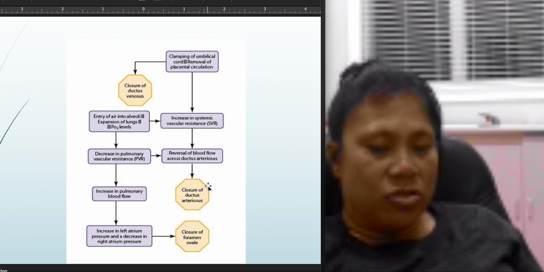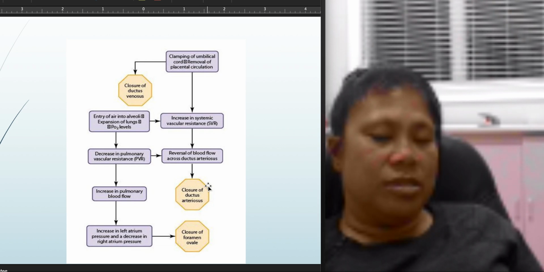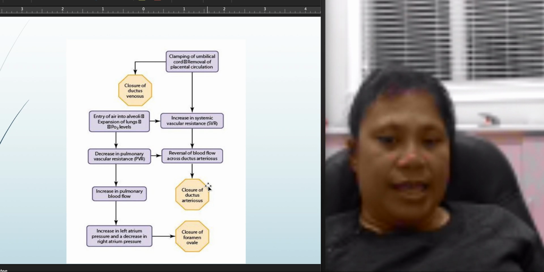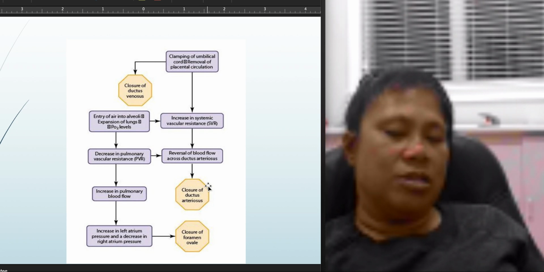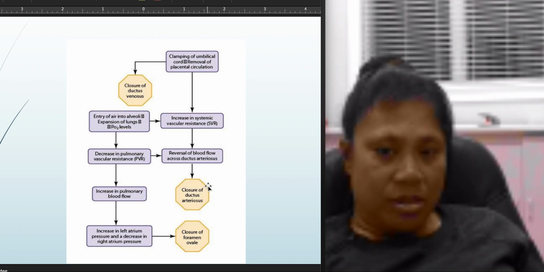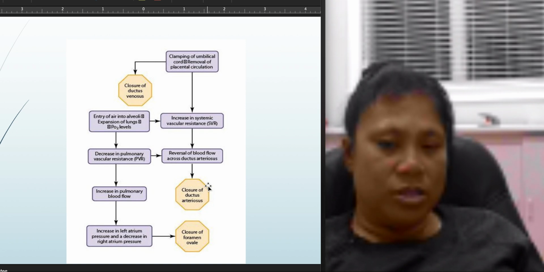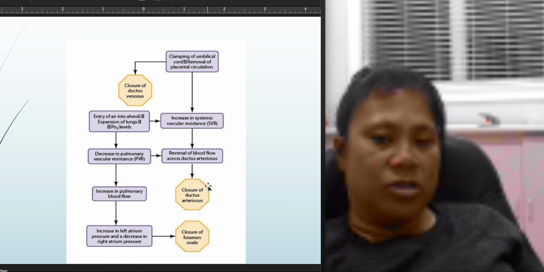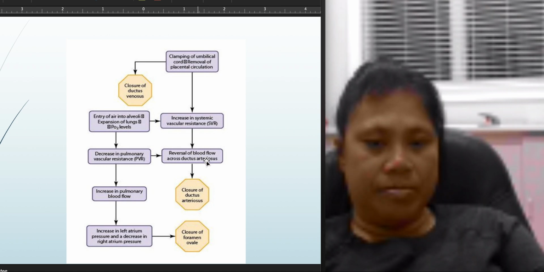Sometimes these things don't close, and so they stay in the NICU for periods of time until they acquire a healthy weight and all the organs are fully developed and mature. Sometimes one or all of these may not close in a timely manner. So again, clamping the cord and the first cry result in the closure of these three things.